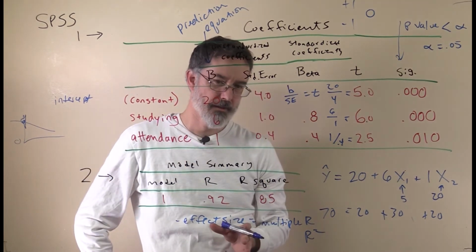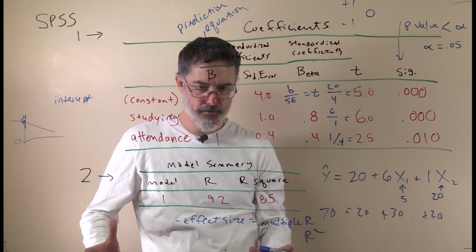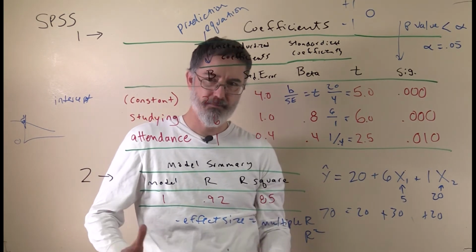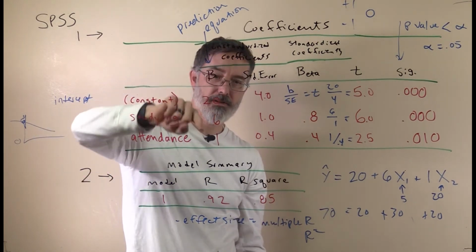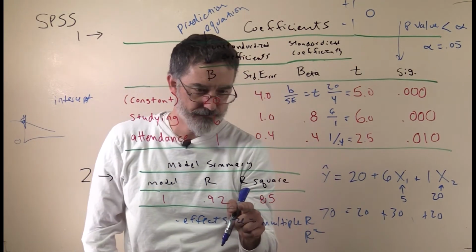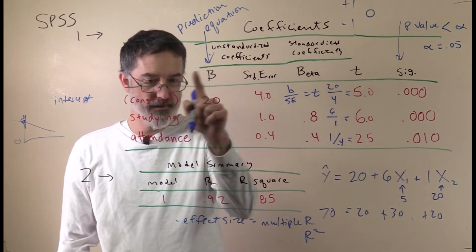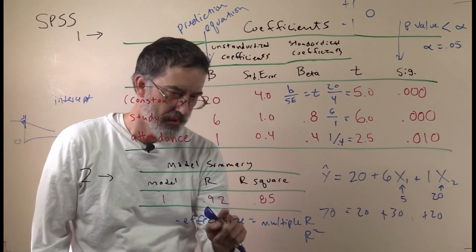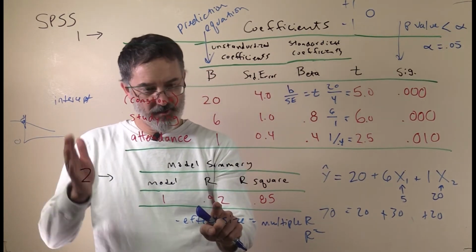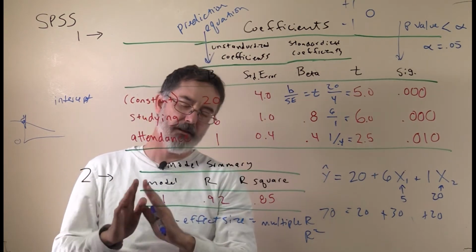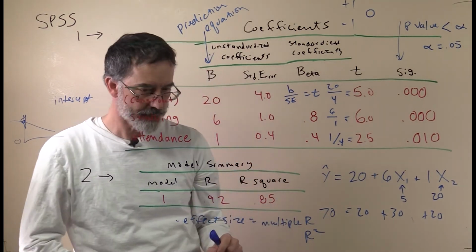And these are basically like a correlation of the outcome variable, which was exam score, with the predicted value produced by this prediction equation. So the multiple R for these results that I came up with here of 0.92 says that the actual observed exam score correlates very, very highly with the predicted exam scores.